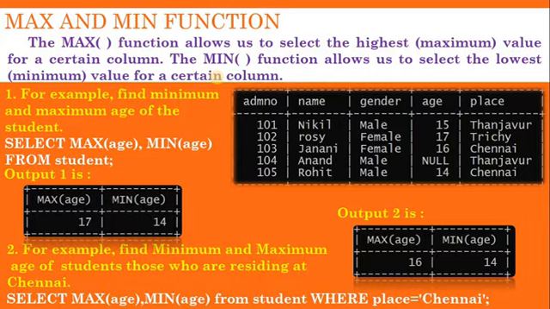It helps to find the minimum value from the given column. For example, I am going to find the maximum age and the minimum age from the age column. See the output, the maximum age is 17, then the minimum age is 40.